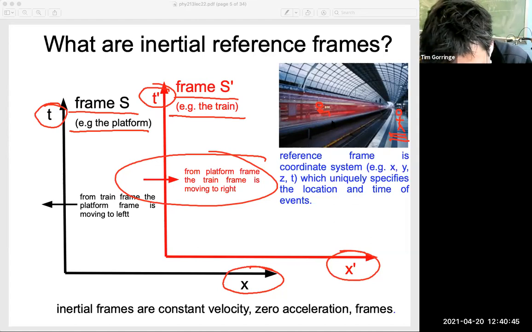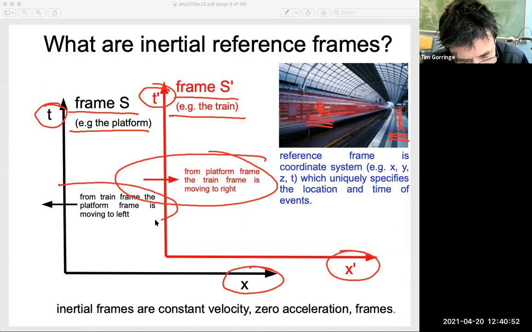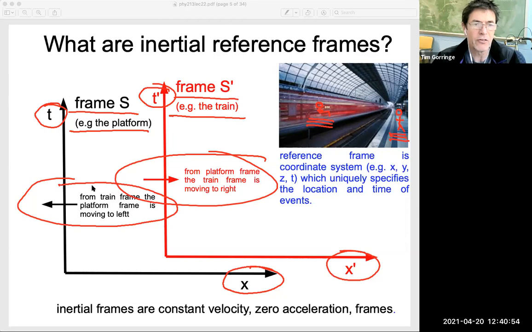But if you're in the train, okay, now I'm in the train here, I see the platform reference frame as moving by me. And actually, if the platform observer sees the train reference frame moving by at speed v, then the train reference frame observer sees the platform reference frame as moving by at speed v in opposite directions.